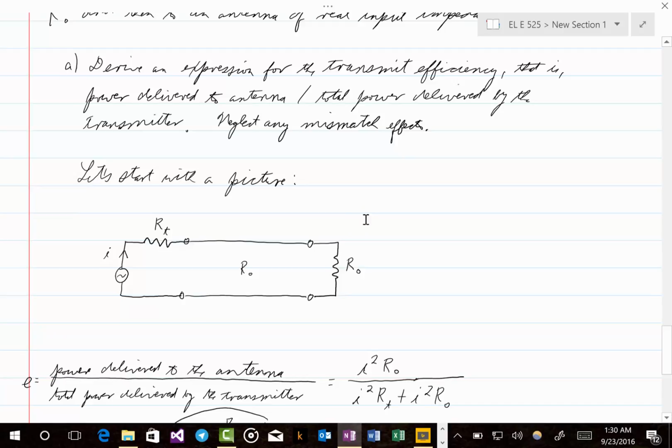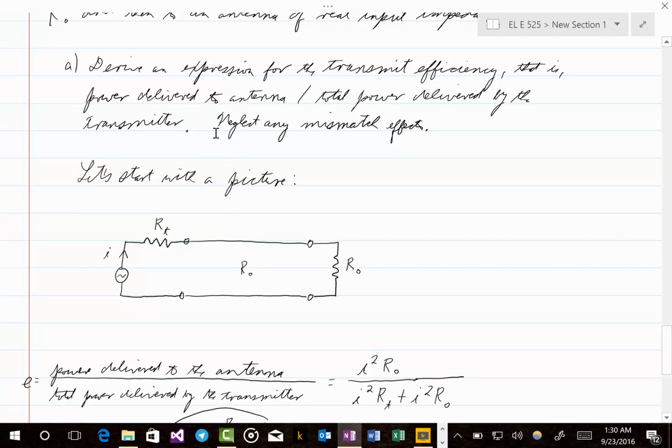And we want to calculate the transmit efficiency of this, which is the total power delivered here to the antenna divided by the total power that is being delivered by the transmit source here. Now it's important to realize this transmission line is lossless, so no net power is being delivered to the transmission line.